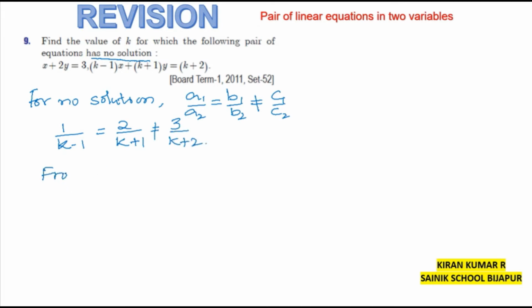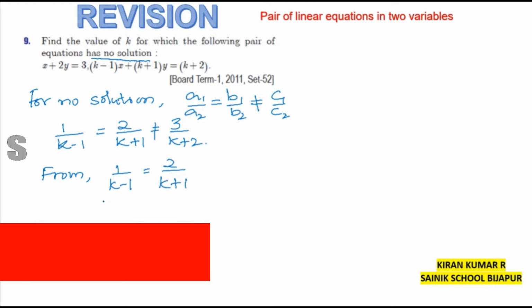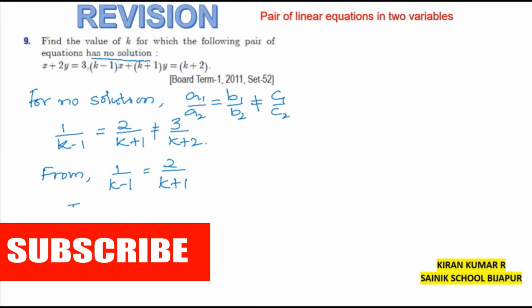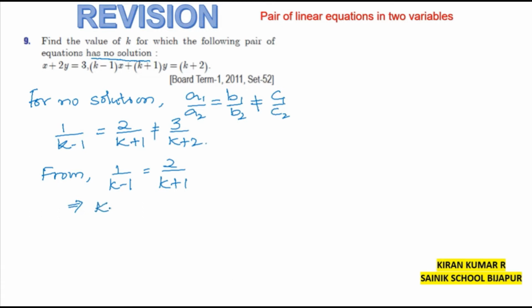Let me consider 1 upon k minus 1 equal to 2 upon k plus 1. We get k plus 1 equal to 2k minus 2 by cross multiplication. We will be getting the value of k as 3.